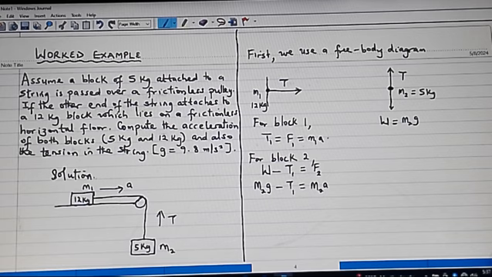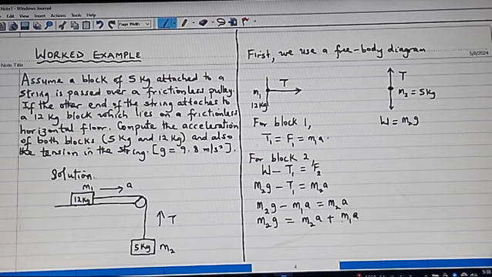So if you say F2, it means you are saying M2 times A. If we extend this, we can say M2G minus T1, and T1 is already M1A, so we say M2G minus M1A is equal to M2A. In that case, we can say M2G is equal to M2A plus M1A.